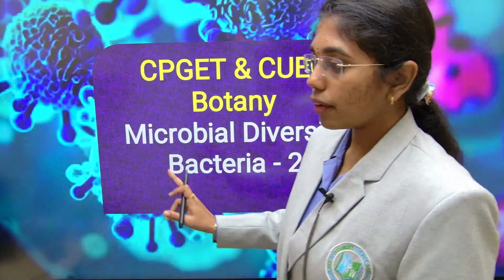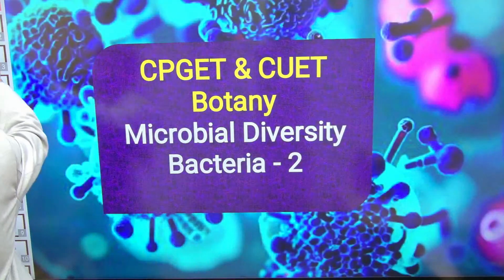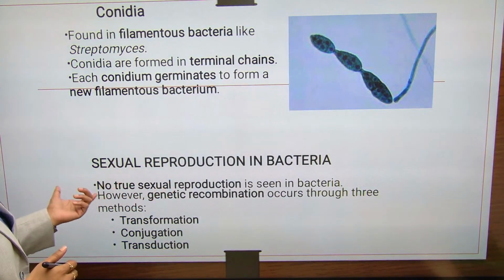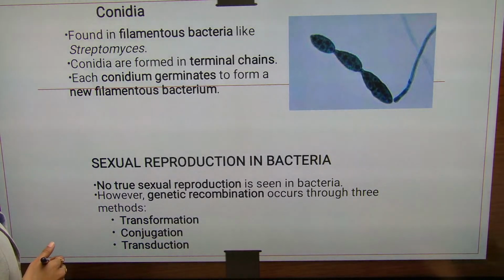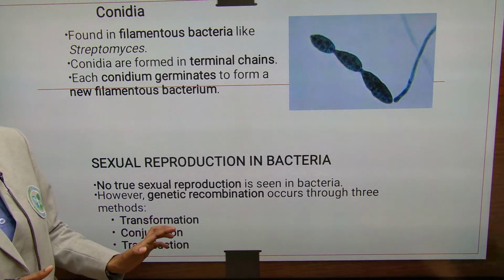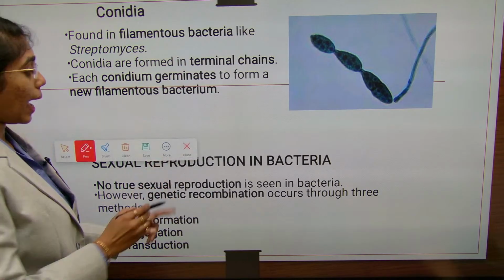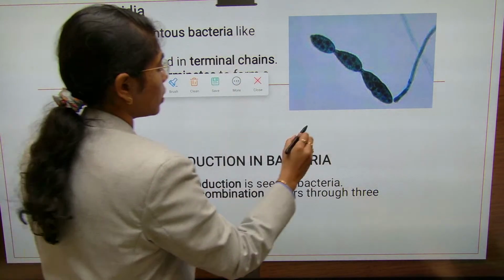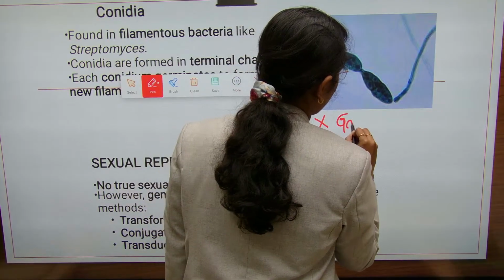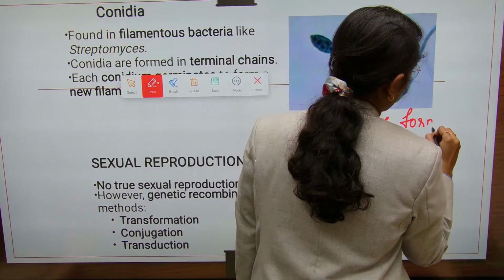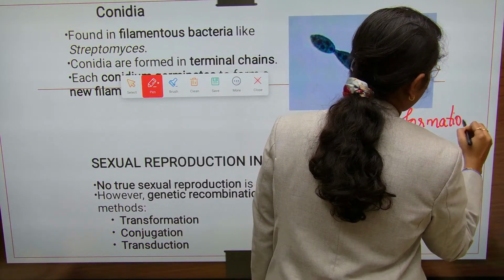First, sexual reproduction in bacteria, which we most commonly call sexual recombination. This is not truly sexual reproduction because there is no gamete formation or gamete fusion.